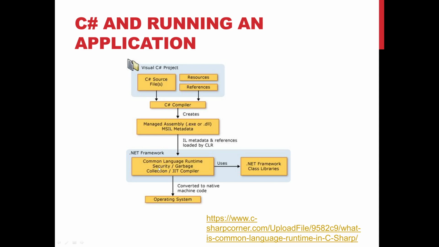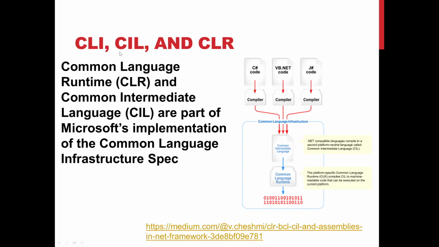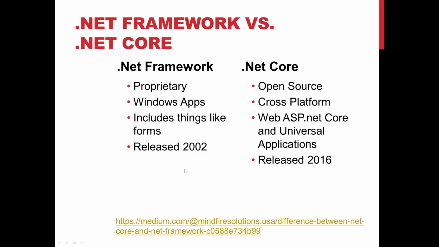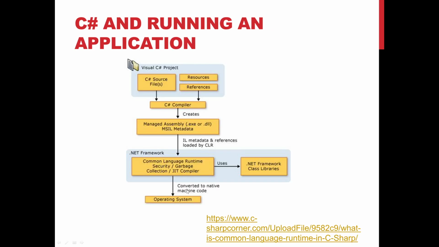This is the section that is basically compiling to machine readable code and integrating the .NET framework if it is available. Then that code is converted to native machine code as the output of this process, and then run on the machine's operating system.